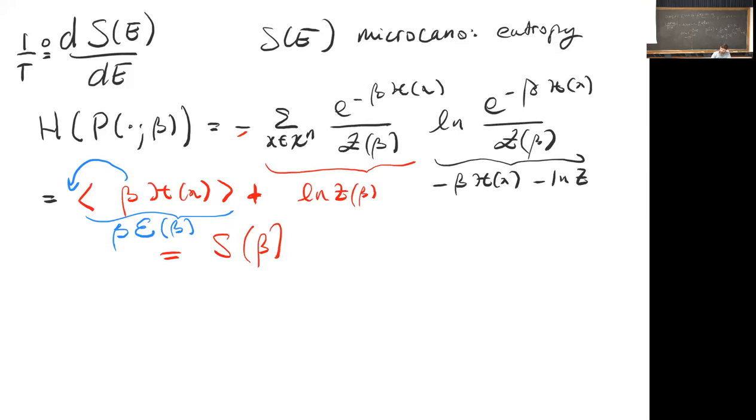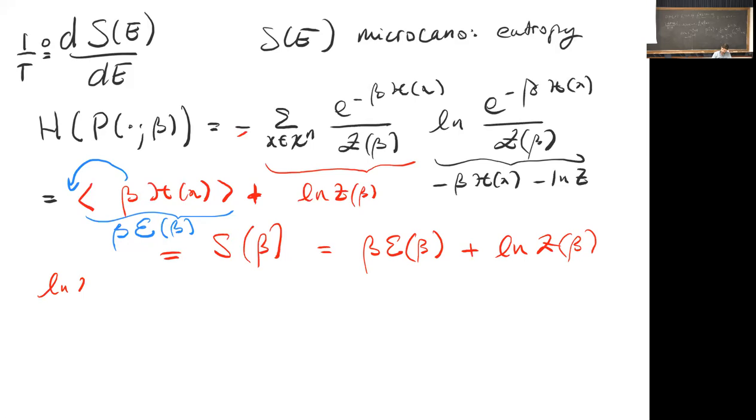So I just recovered the usual formula. The entropy is the internal energy, or usually you write it the other way around.